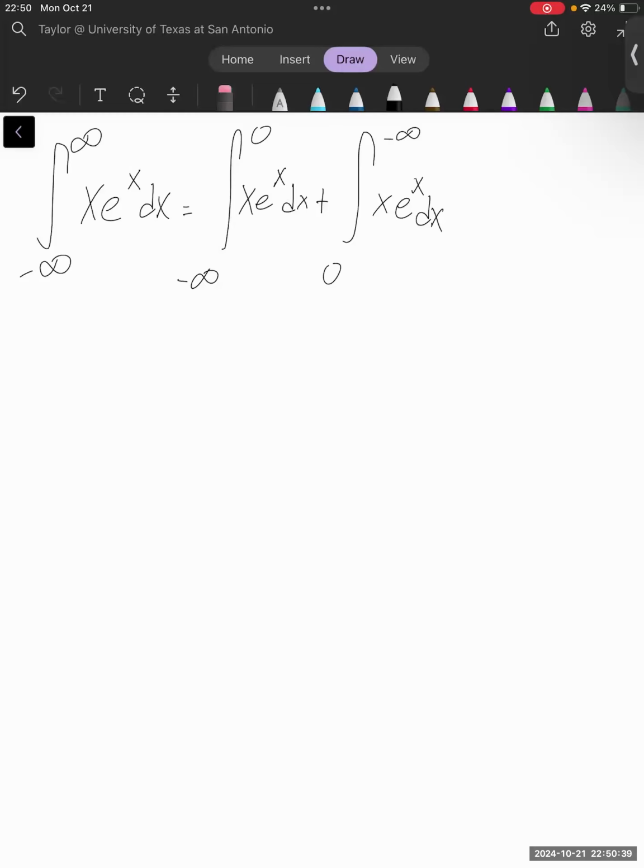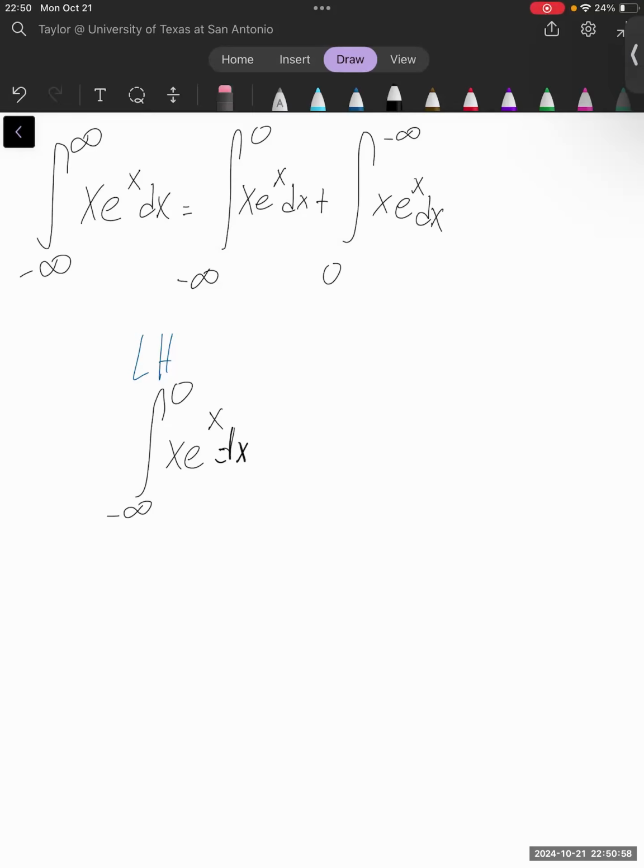Okay, so I'm going to do the left-hand side first. We take the integral from negative infinity to 0 of x e to the x dx.